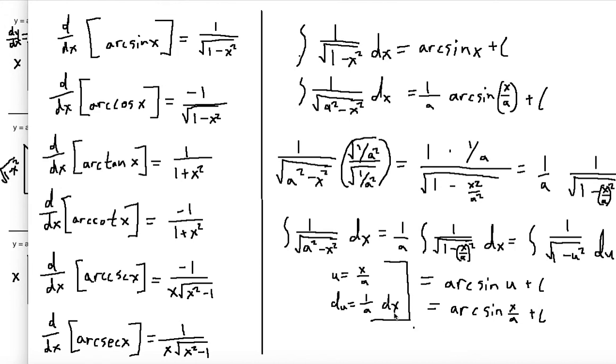Alright, and I had to pause the video for a second because I saw that this was different than this, but rest assured this one I was going off of memory for, and for many of the terms they include this 1 over a term in front. In this case it did not. So that's the proof of how we go from this form to this form and where this x over a comes from.